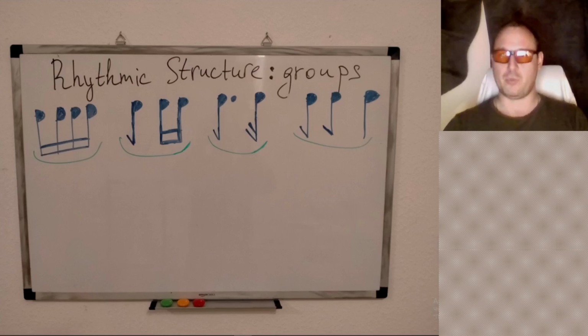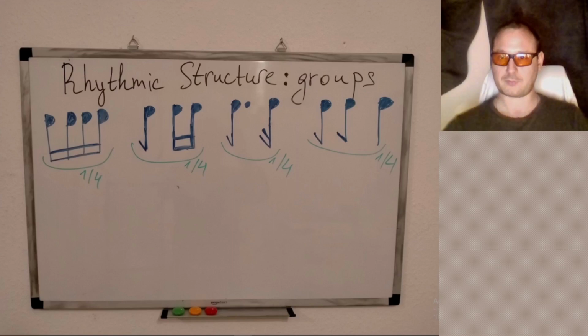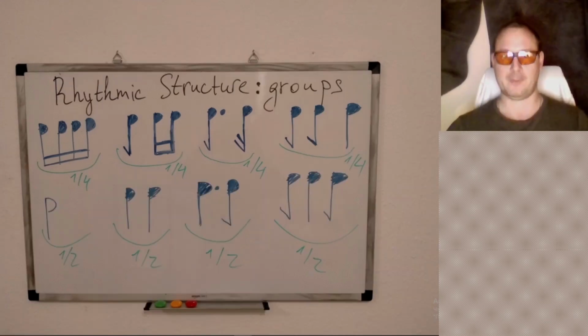Okay, so let's get closer to the actual modeling of the rhythm. So we need to define a certain model, certain limits within which we will treat our rhythm. And it begins with the music groups. Here you see a collection of notes, and the similar thing they share is that all these groups are equal to 1/4 of the measure, a quarter.